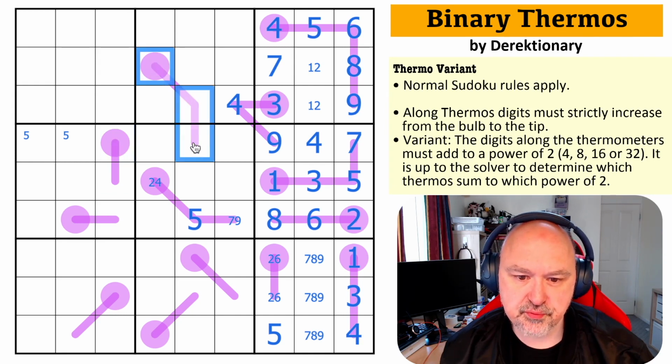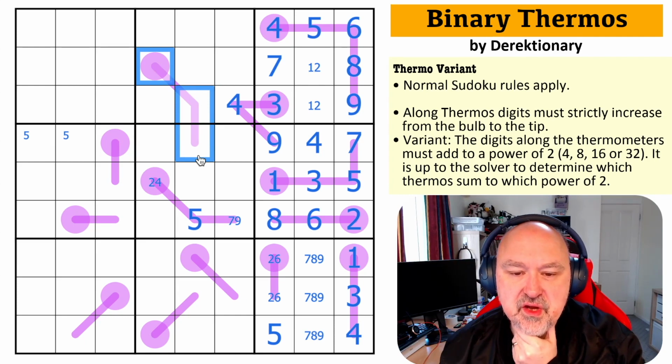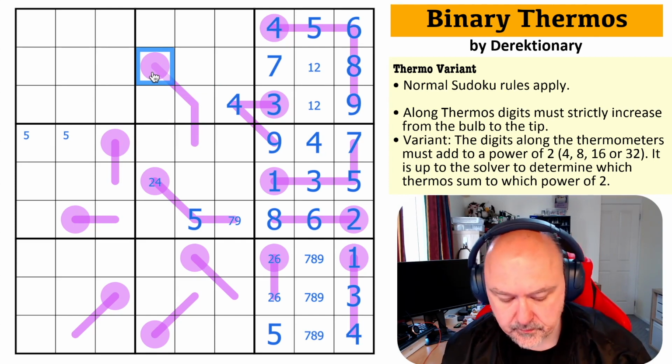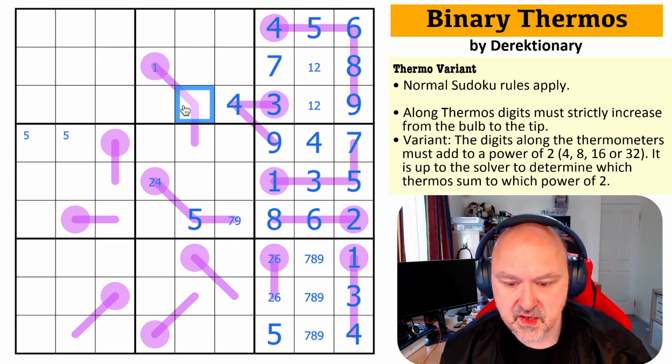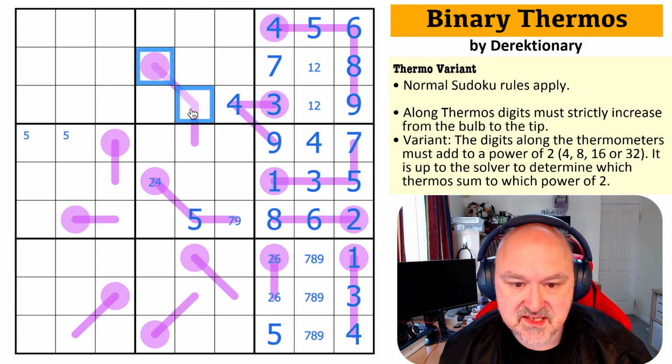So it's probably this Thermo, which that one could be an 8. Can I eliminate 8 from this? So the only ways to do 8 are 1, 2. So this would be a 1. This would be a 2 because it can't be a 3. And this can't be an 8 because it'd have to be 1, 2, 5, because I can't do 1, 3, 4 because there's a 3 there, and 1, 2, 5 doesn't work because of that 5. So this is a 16.